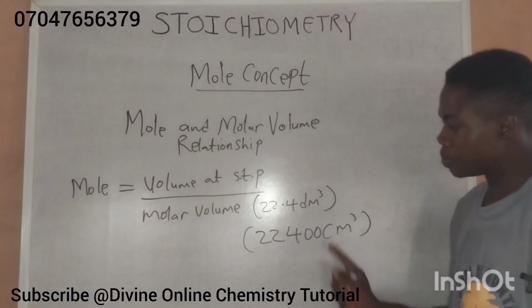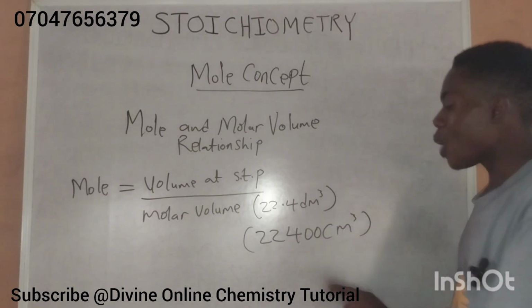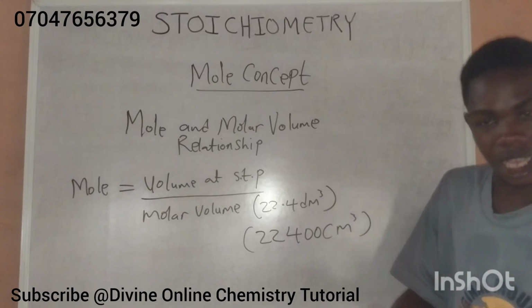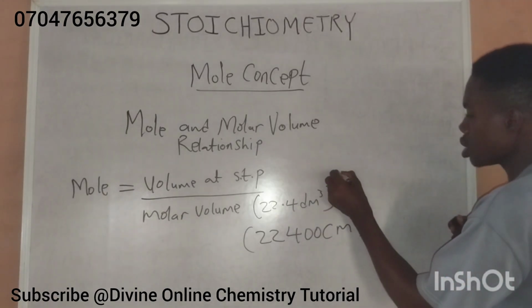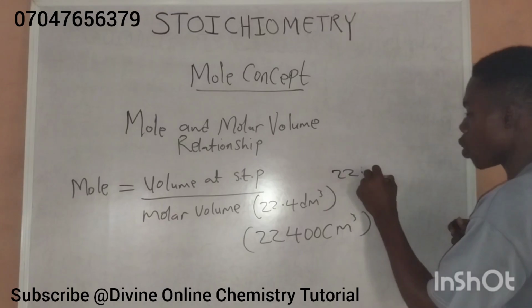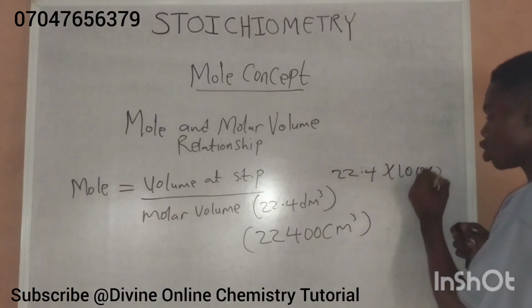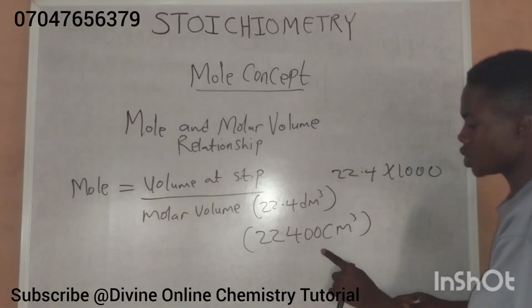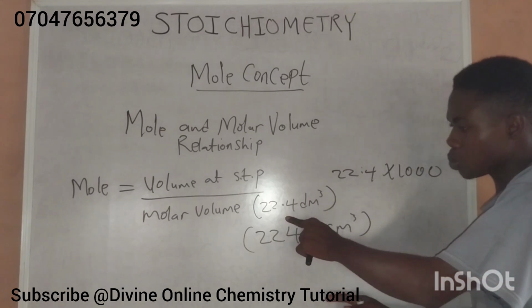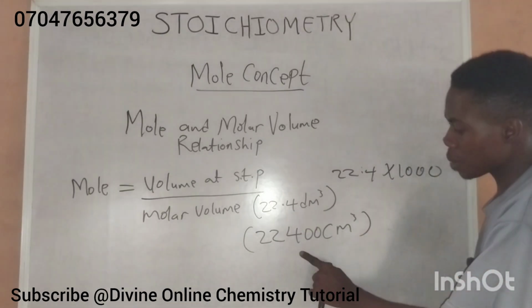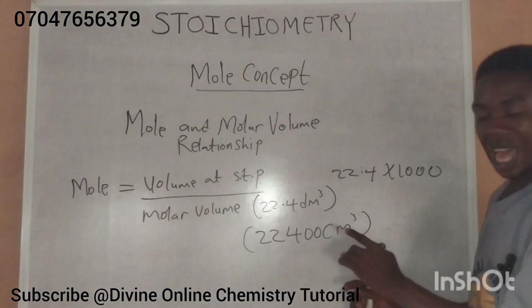Now in dm cube it is 22.4, while in cm cube, because it can also be cm cube, if you multiply this 22.4 with 1000, you get 22,400. That is you'll be able to convert from dm cube, which is 22.4, to cm cube, which is 22,400. Are you seeing it now?